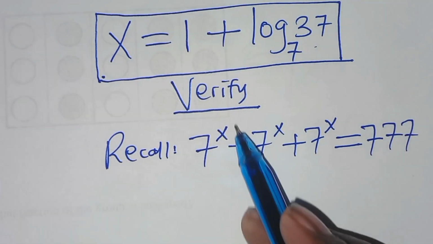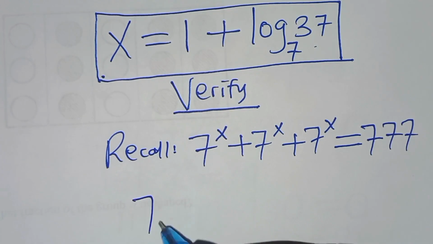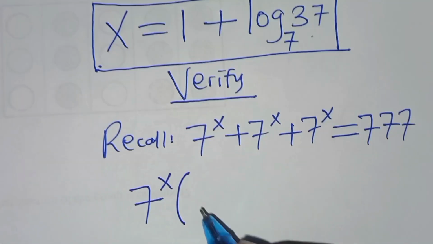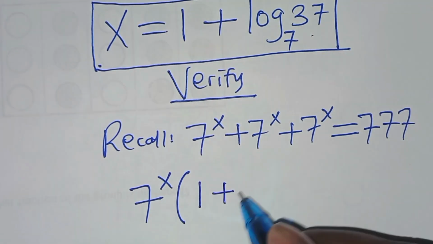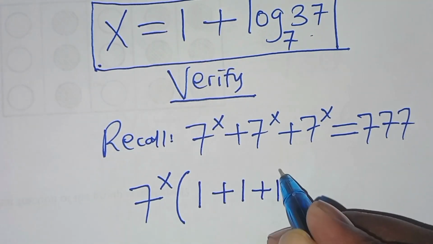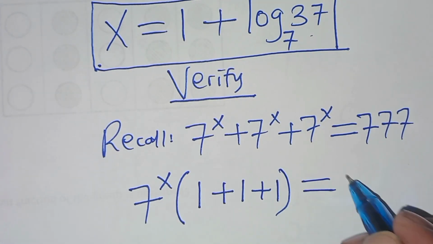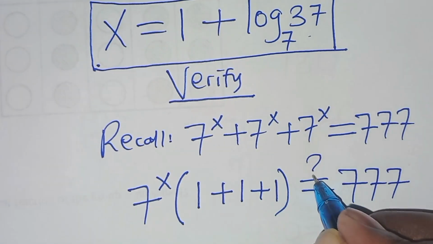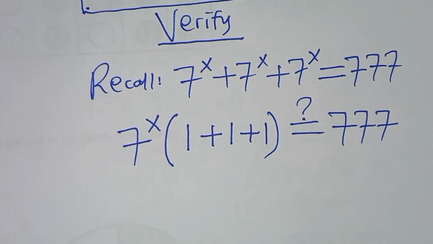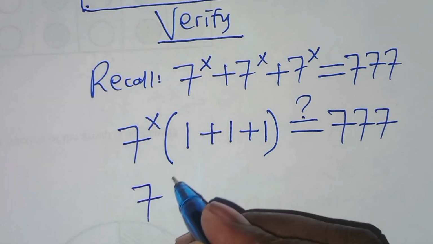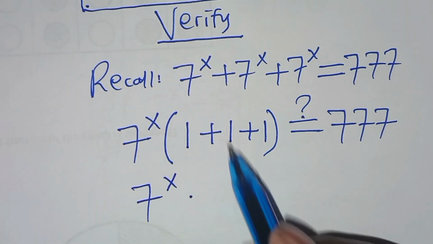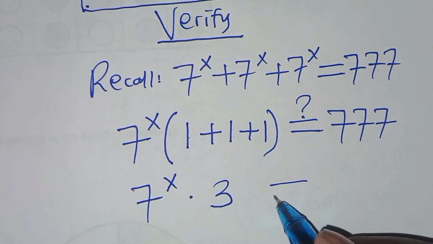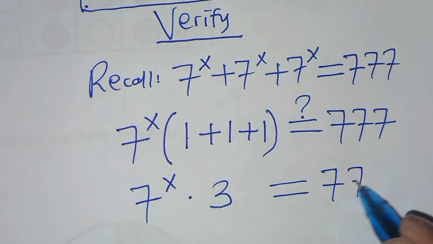Since 7 to the power x is common, we can factor out 7 to the power x, so that in the parentheses we have 1 plus 1 plus 1. This should give us a value of 777. Now, we have 7 to the power x times 1 plus 1 plus 1. This is 3. This should give us a value of 777.